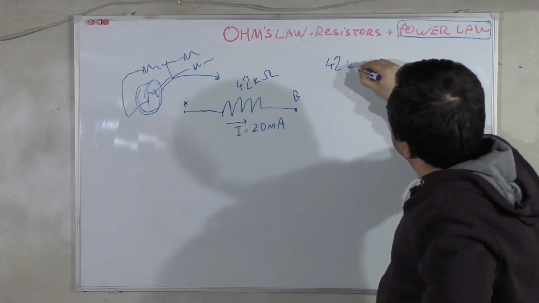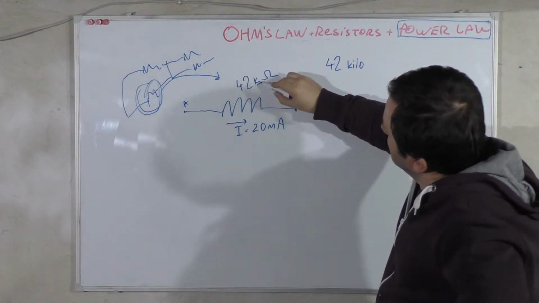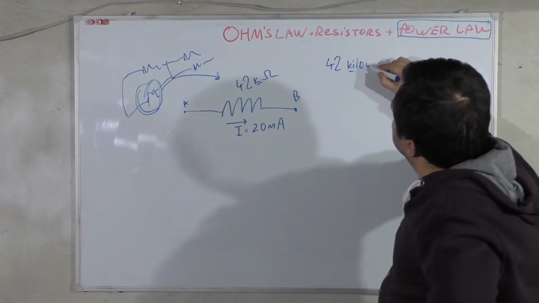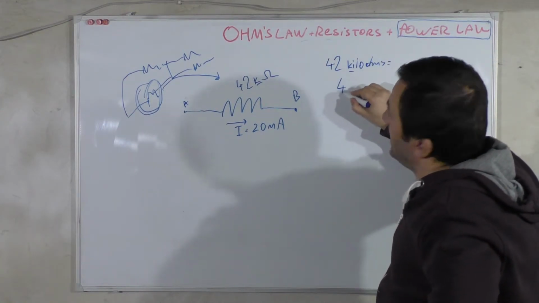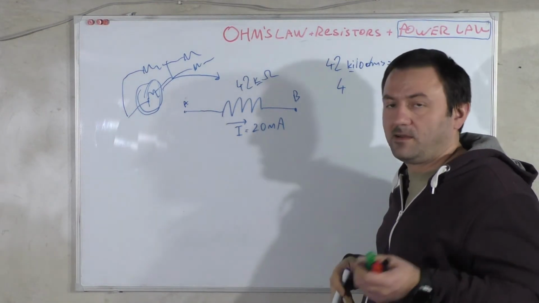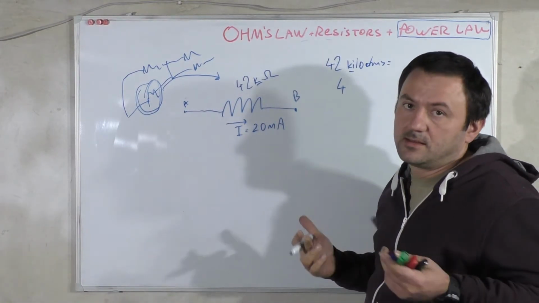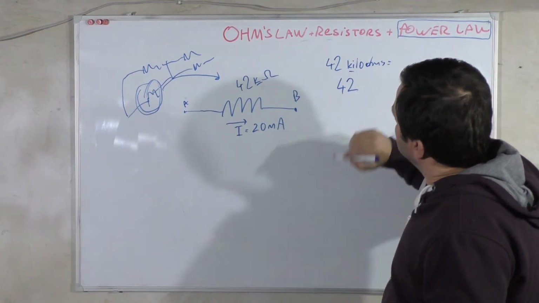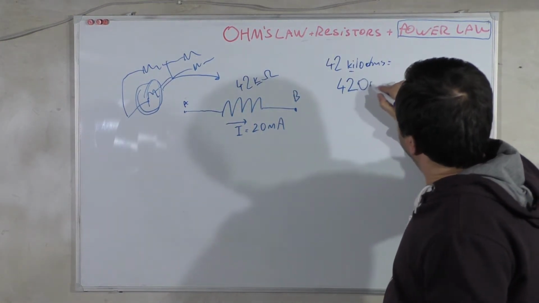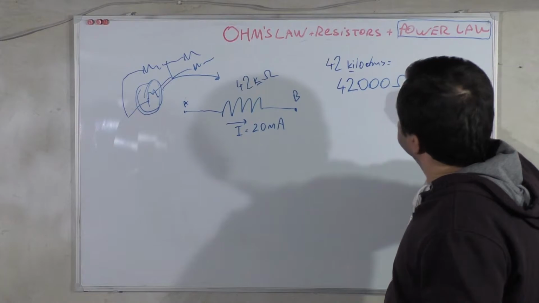It's K, kilo, like kilobyte. You are using the internet: megabyte, gigabyte, kilobyte. So 1000, 42K, 42,000 ohms.